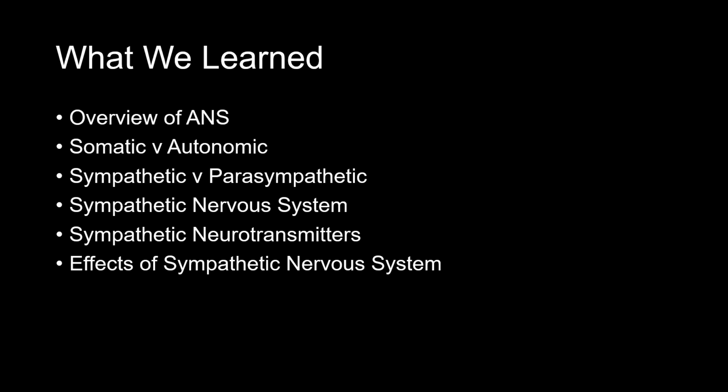We've delved deeply into the sympathetic nervous system, talking about its neurotransmitters and the effects of the sympathetic nervous system. And so in the next one, we'll continue on through chapter 14, and we'll continue on through the parasympathetic nervous system and homeostasis and how all of that works together with the CNS.